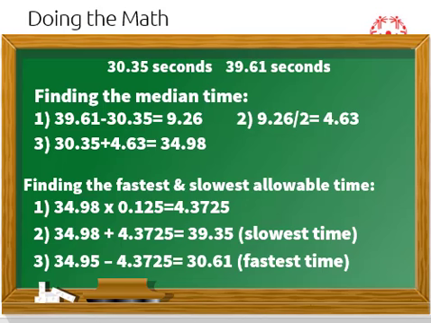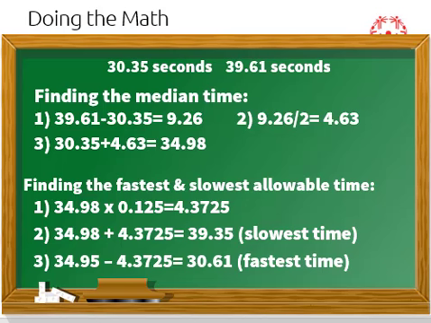Because Special Olympics Ontario uses a maximum performance difference of 25%, once you have figured out your median time, you will need to figure out which times fall within 12.5% of either side of that median time. To find this number, we take 34.98 and multiply it by 0.125, which gives us 4.3725.